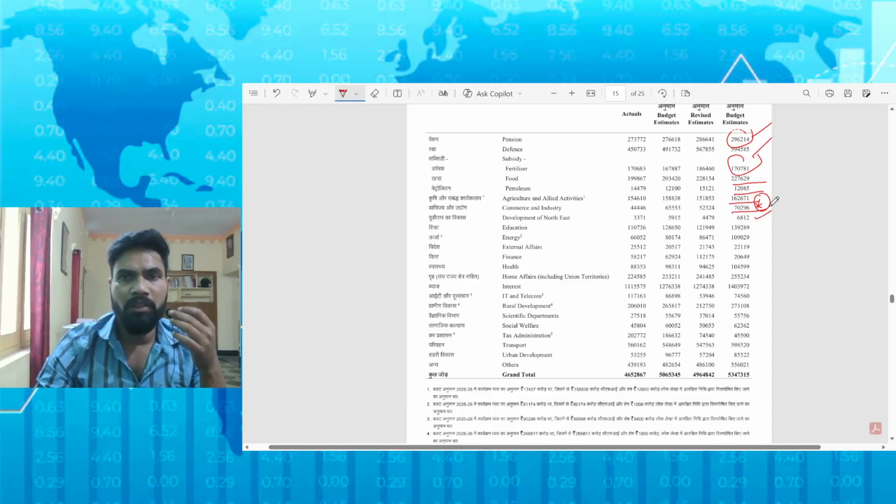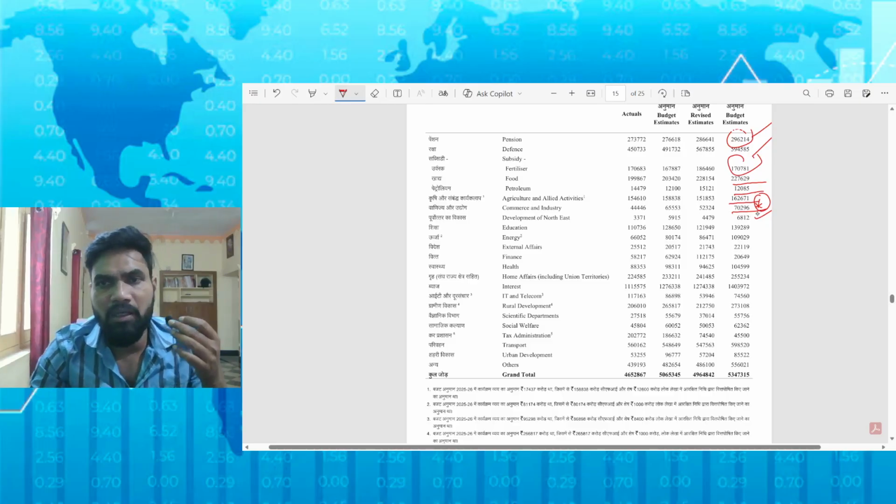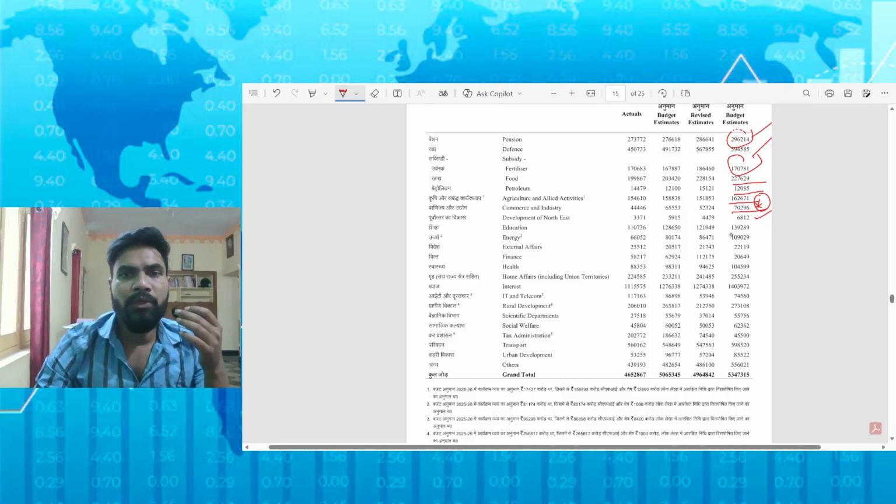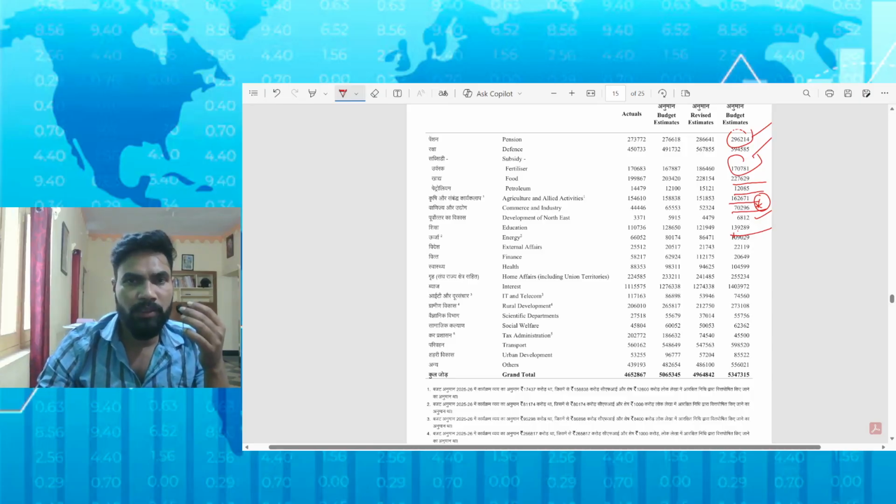For development of the Northeast region, 6,000 crore rupees. Expenditure towards education, 1,39,000 crore rupees. Towards energy, 1,09,000 crore. Okay, many items are there.